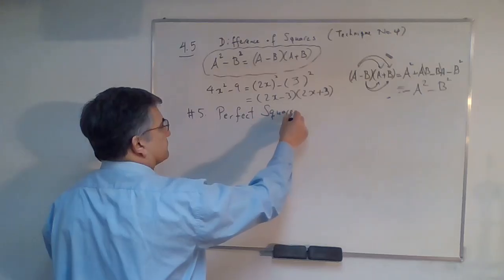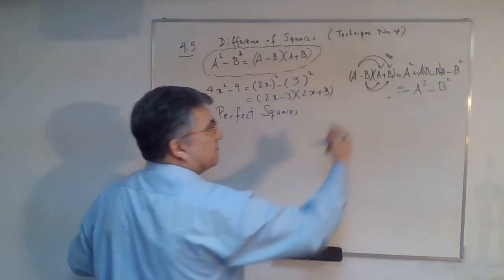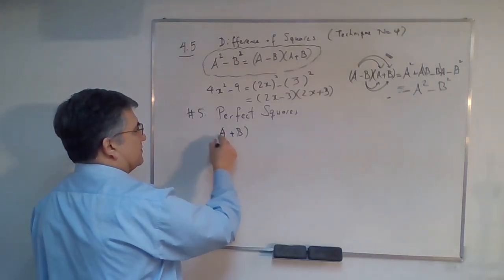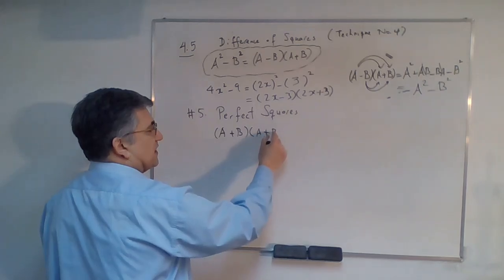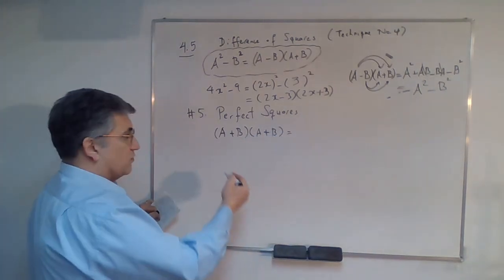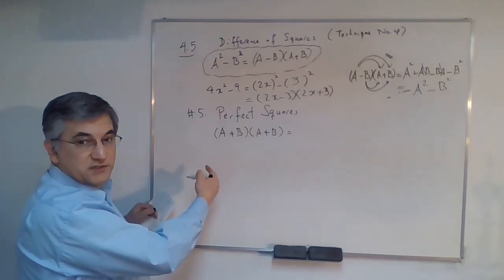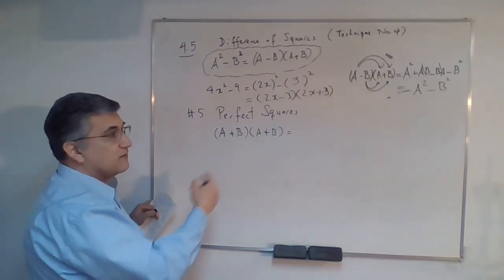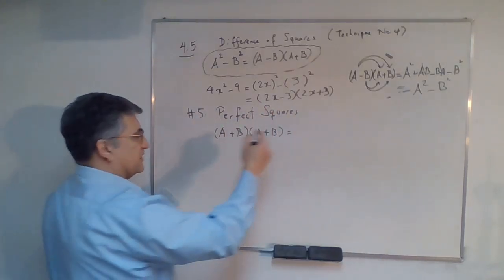Now, what is this? If instead of a minus b times a plus b, I multiply a plus b by a plus b itself, so both are positive signs in between the two terms inside the brackets, and I just perform the same old FOIL method. I expand them.